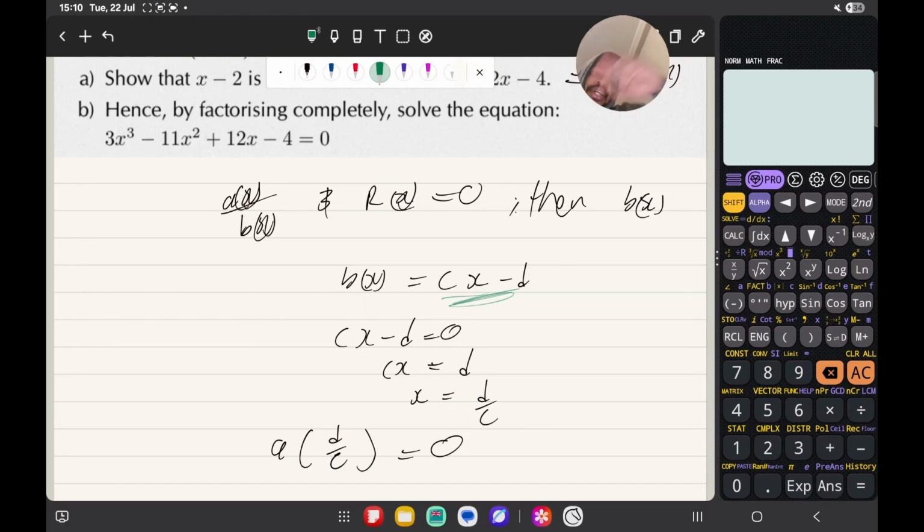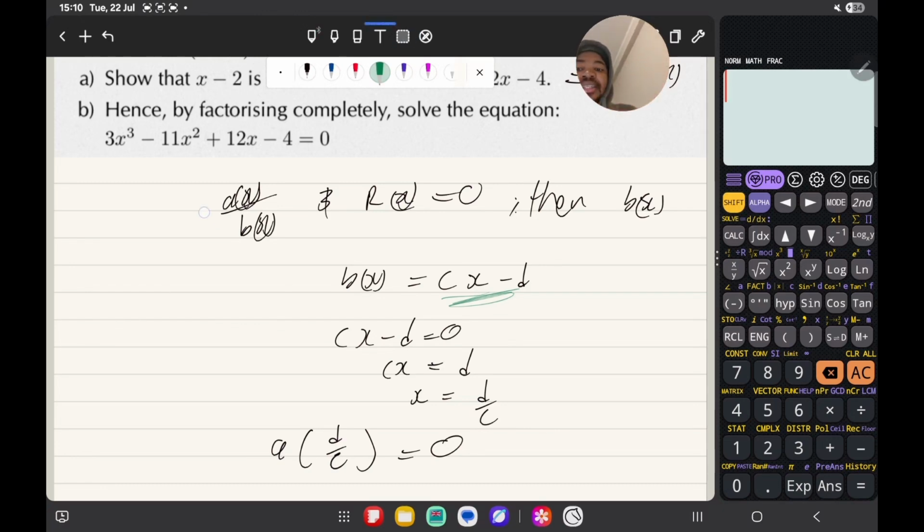Let's go to the remainder theorem. It says that if you take d over c, you substitute it in your a of x, your polynomial, whatever you get is going to be the remainder, right? So if the remainder is 0, that means whatever you divided by is a factor of your polynomial.